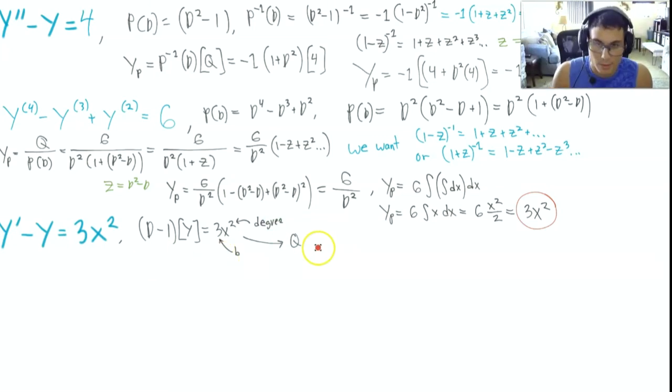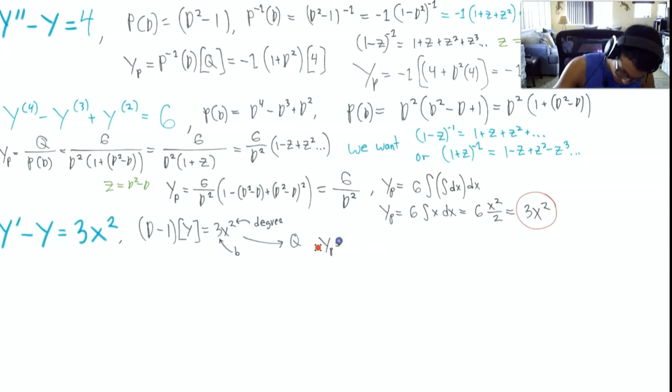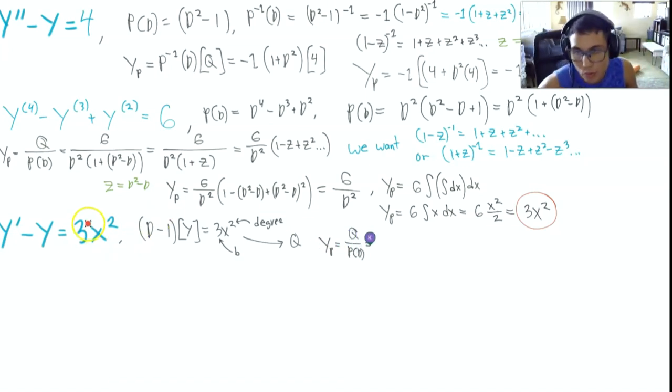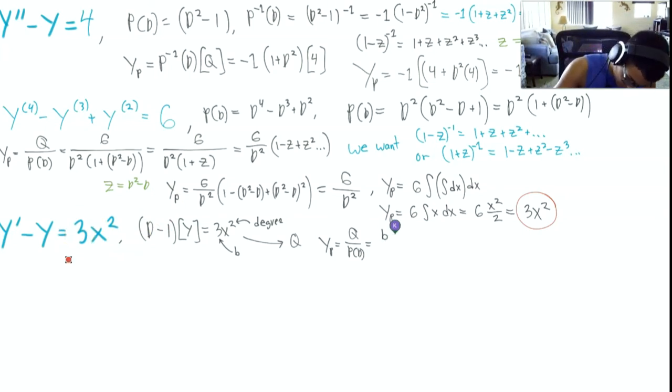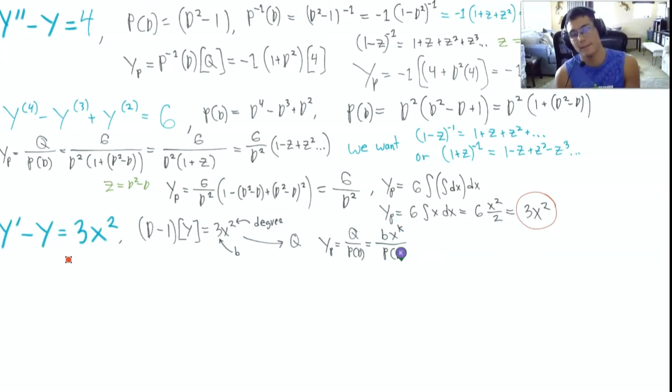So if I use my formula, y_p is equal to Q_p of D, but we should maybe be a little more specific because we have a 3 here, so we'll write it as b x to the k, p of D. Then this turns into b over, so we're going to call it a.